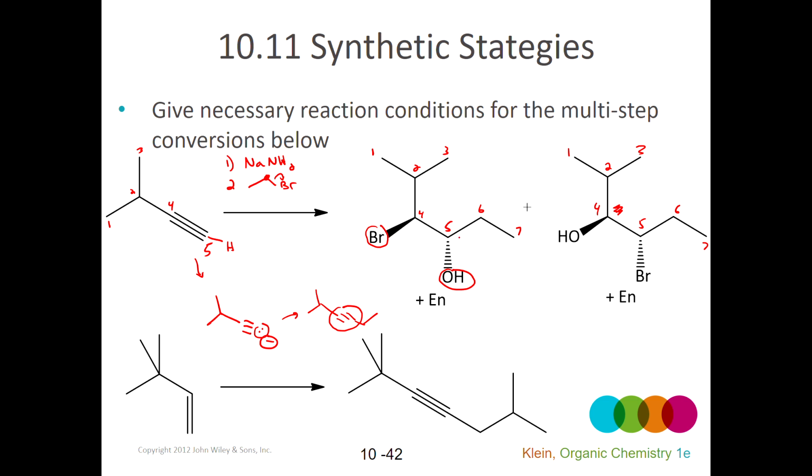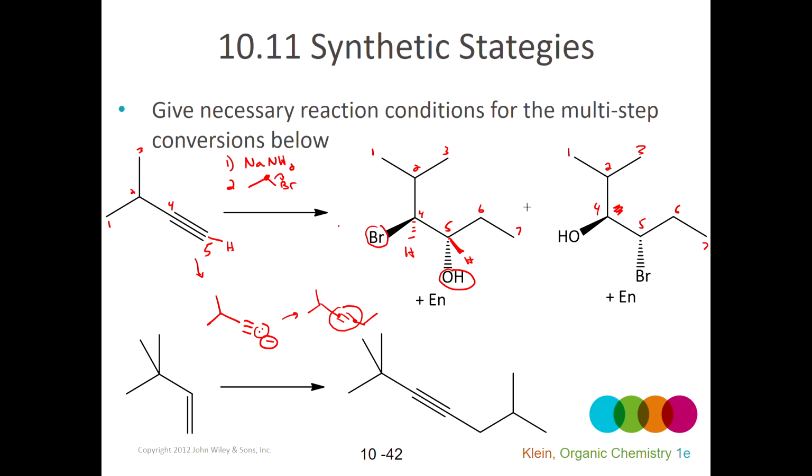Well, if I don't look carefully at where the hydrogens are, I might also overlook that I have to add two hydrogens across this double bond that are also anti with respect to one another. Right now, there's no hydrogens on either one of those carbons. So I have to add two hydrogens, and I have to add the bromine and the OH. So that's going to take a couple steps.